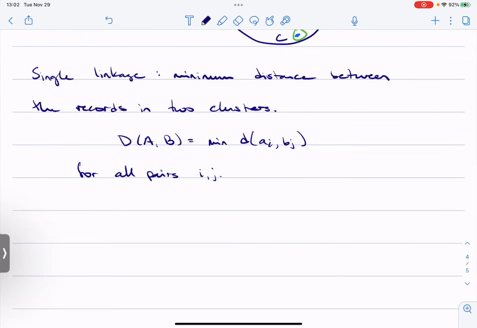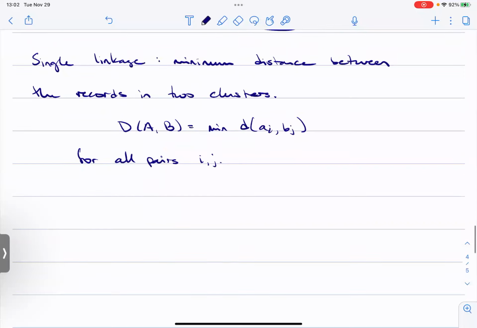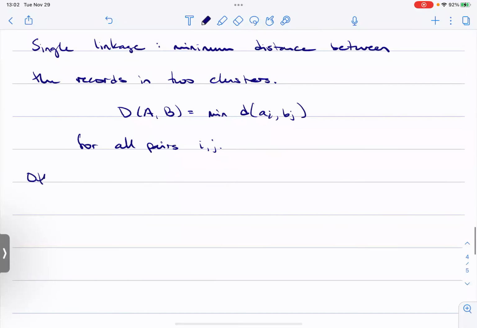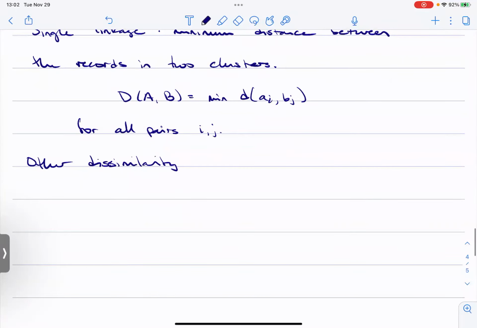As you know, there are other dissimilarity metrics or measures, including the average linkage or the minimum variance, but we're not going to talk about this.